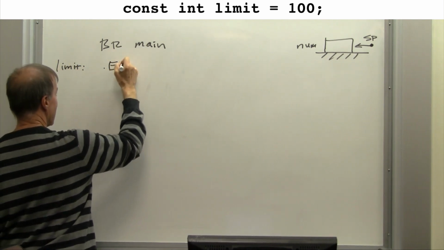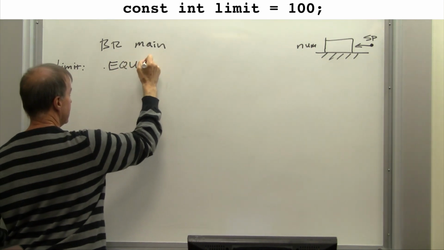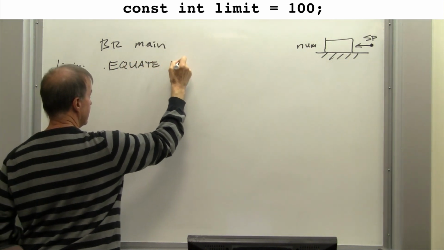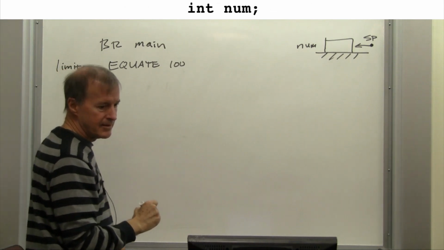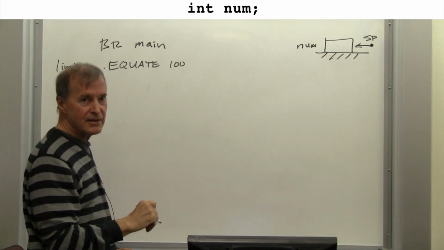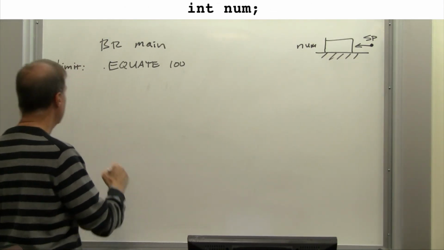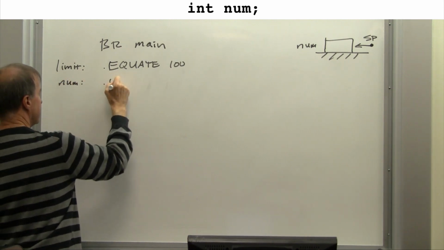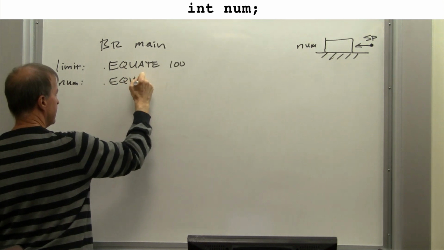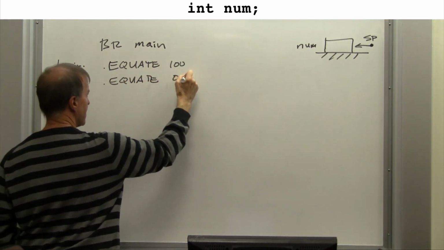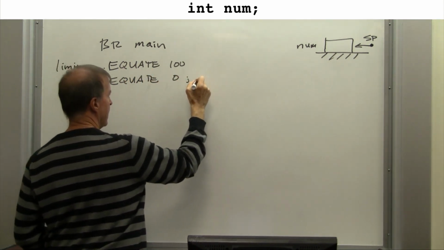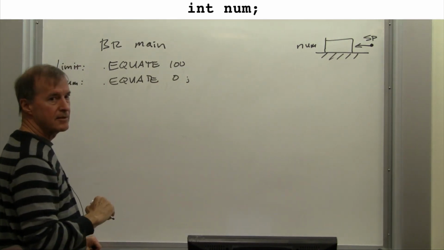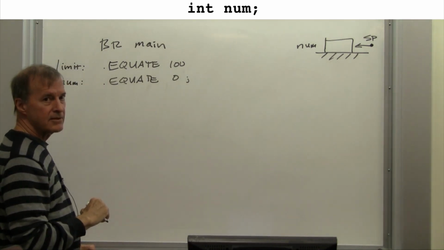Dot equate, exactly. And next, num. Dot equate 0 is right, and this is a 2-byte decimal, but what is it?